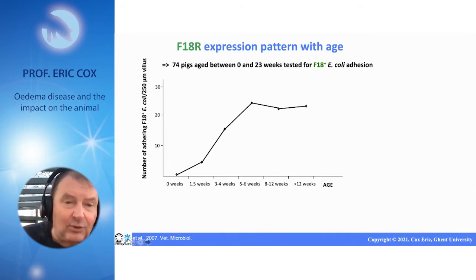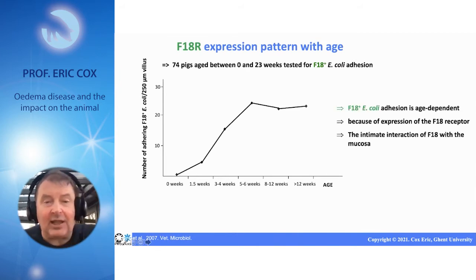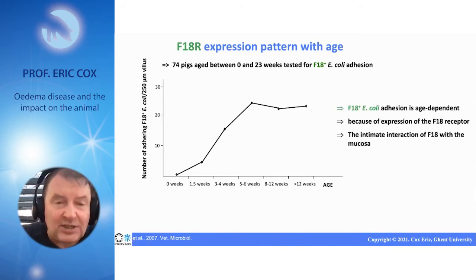And this is the number of bacteria that are adhering. And so you see that even in 3 to 4 week old piglets, this number is still low. And it's only at 5 or 6 weeks of age that the receptor is fully expressed.